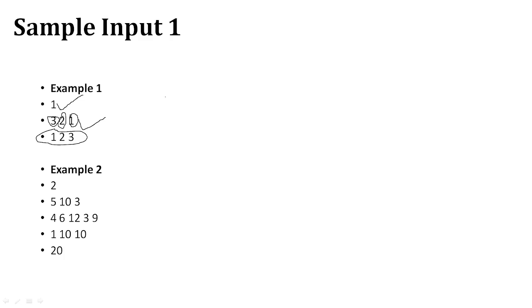Now I check how many elements in that array satisfy our condition. Our condition is that the elements must be less than or equal to x. Here in the array I have 1, 2 and 3, and x is equal to 2 and y is equal to 1.